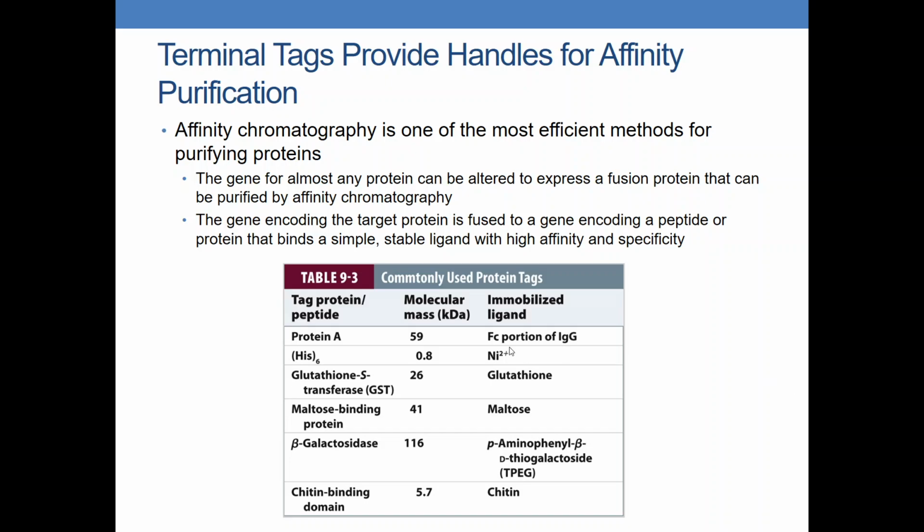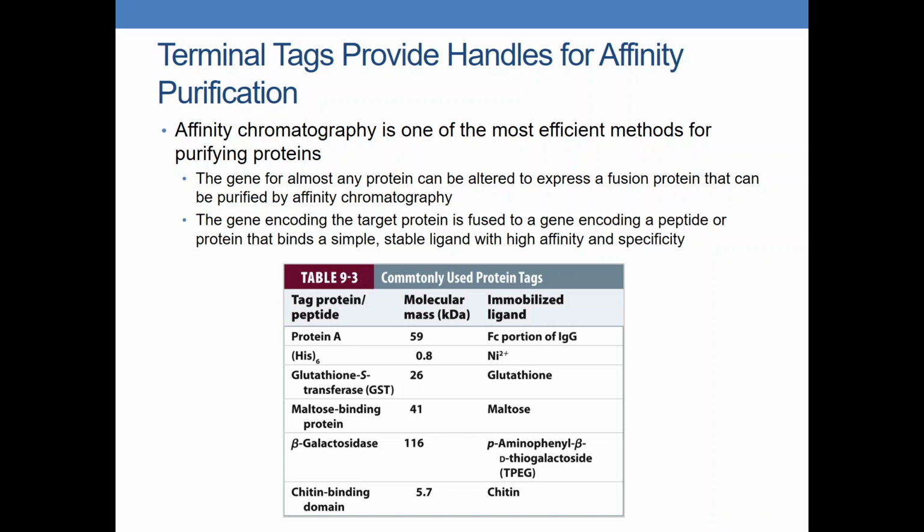You have common tags that we've talked about before that allow for greater ease of purification, but now you should see that using recombinant DNA methods on the level of the plasmid, you can actually insert these tags and genetically connect them to your gene of interest so that the protein that is expressed downstream actually contains your tag of interest.